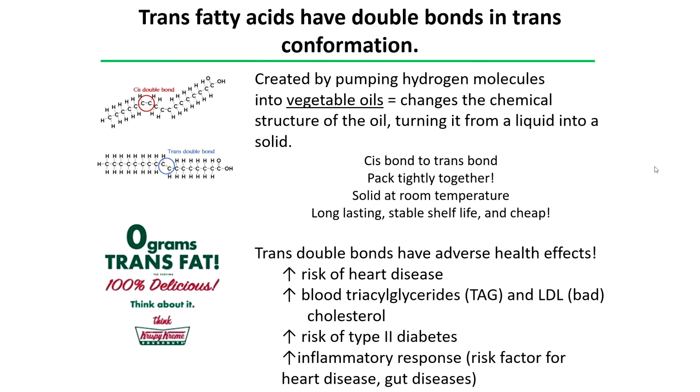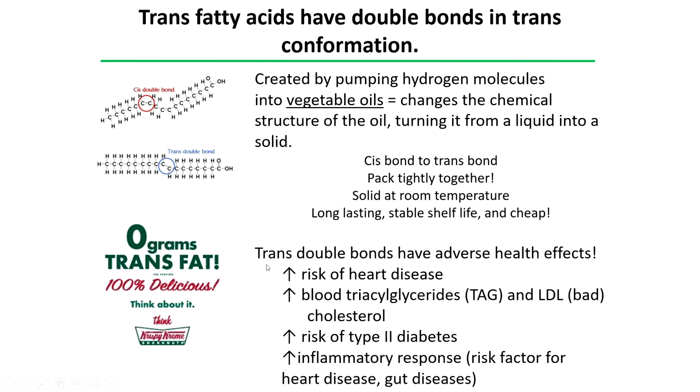But trans double bonds and trans fatty acids have been associated with adverse health effects. So for example, if you consume too many trans fatty acids, this increases your risk of heart disease. It increases the amount of fatty acids floating around in your blood, and it also increases the amount of bad cholesterol floating around in your blood. Both of these things will increase your risk of type 2 diabetes and inflammation of the heart and the gut.